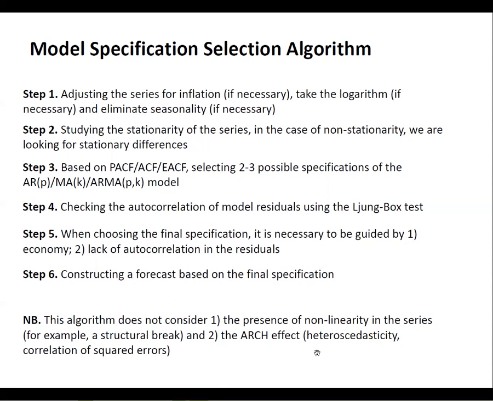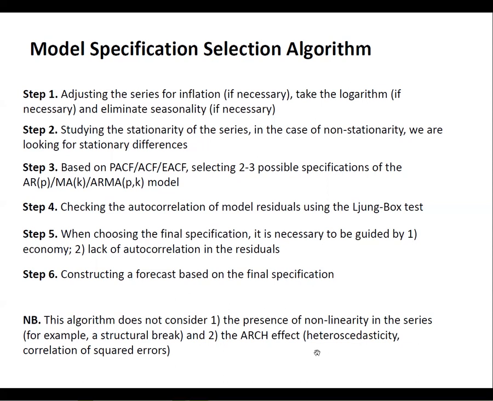We will have a separate lecture devoted to nonlinear models. That is, it is a drawback that this algorithm does not take into account nonlinearity. But in the next lecture, we will improve it and include nonlinearity in this analysis.